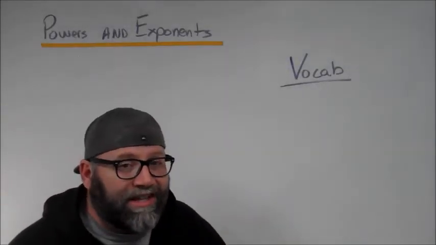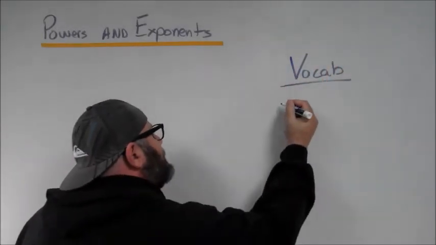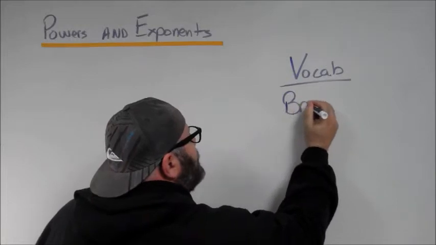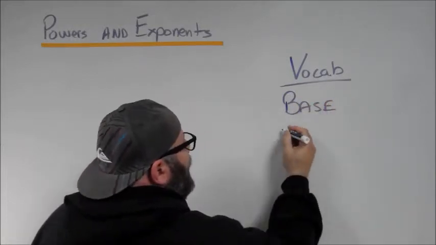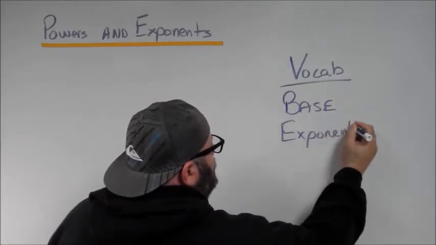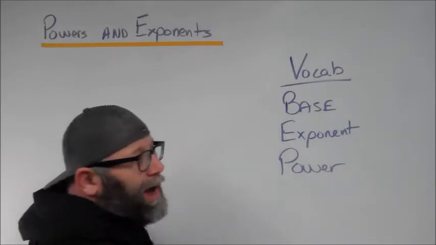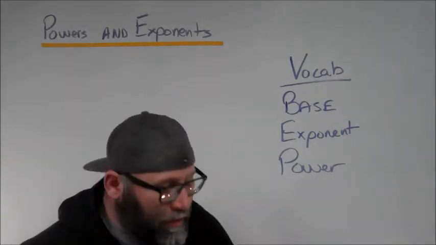All right, last thing, let's look at the vocab. Today's vocab, we got 3 words today. We've got base. We've got exponent. And we've got a power. Or powers. That seems to always be plural. I don't know why.